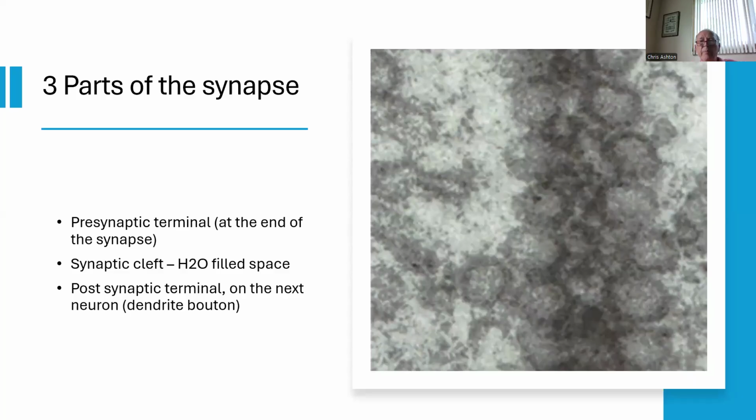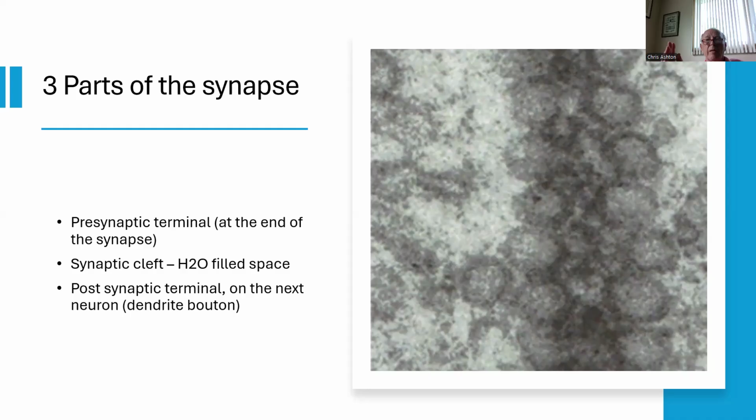And so there are three parts of the synapse. Just to begin, the synapse is at the end of the axon that we talked about yesterday. The cable that transmits the electrical wave, the action potential, goes to the end of the axon to what's called the presynaptic terminal.